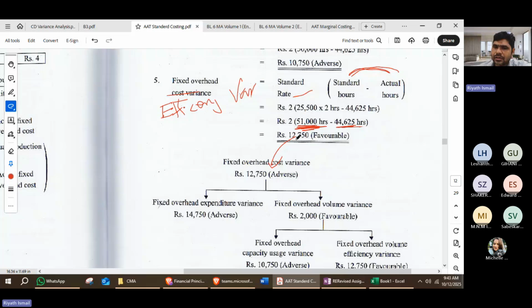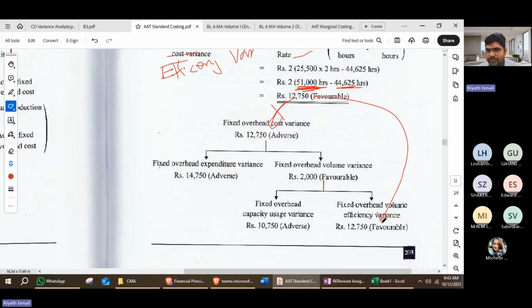Therefore, 12,750. It's not come here. Actually, it's not come here. It should come here. Right? It should come here.